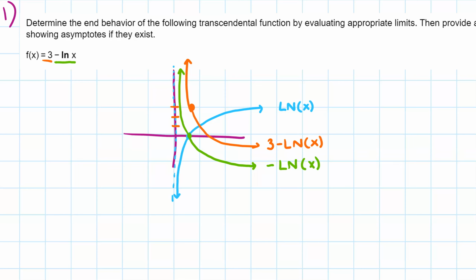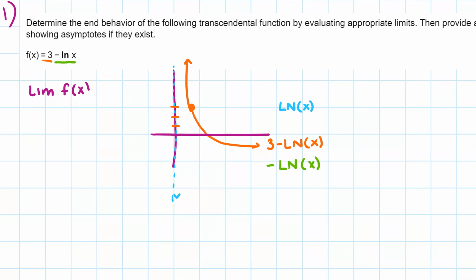Okay, so now that we've got the graph, I'm going to erase all the other ones because I don't really care about them. I really only care about the orange graph, the final result. So now let's look at the limit of this function as x goes to infinity.